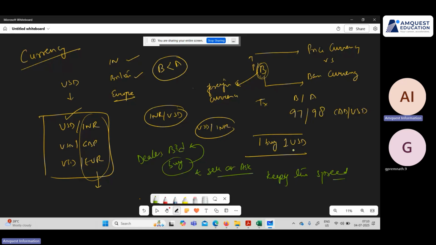Another thing was, what was I saying? Yeah. So in case I have to buy, let's say, 1 USD, it clearly means that I have to give away some CAD. Buying 1 USD is as good as giving them some CAD. So how would I get to know which number I should give?